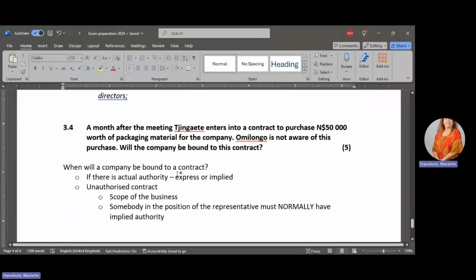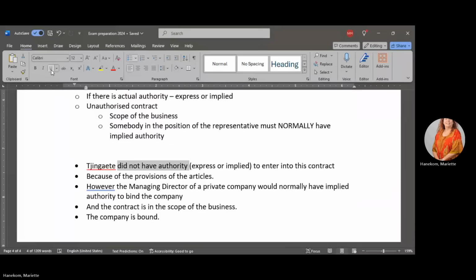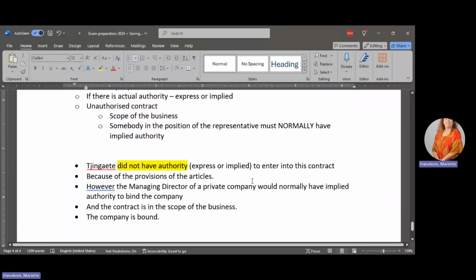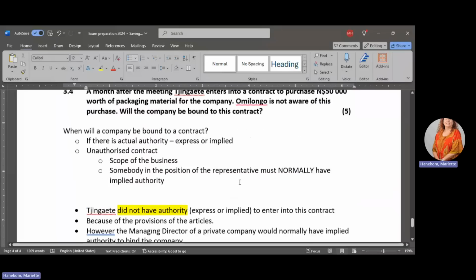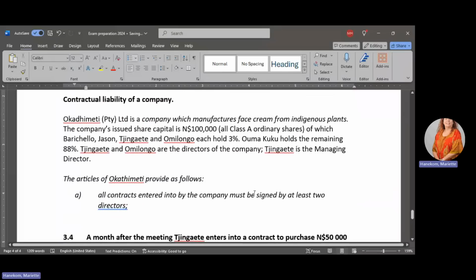He might be the managing director, but he did not have authority because of what was stated in the articles, namely that all contracts must be signed by at least 2 directors.